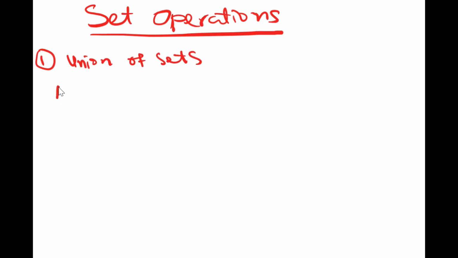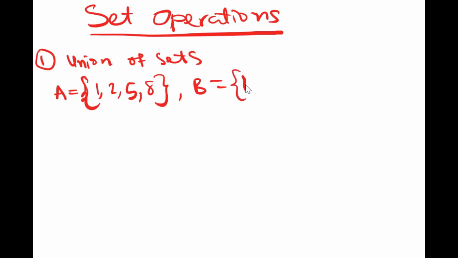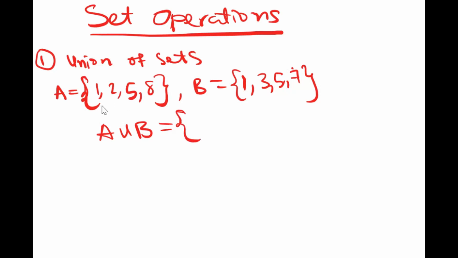If I have A to be a set of 1, 2, 5, 8, and B to be a set of 1, 3, 5, 7, then A union B will be equal to writing the elements in A and B without repeating any one.